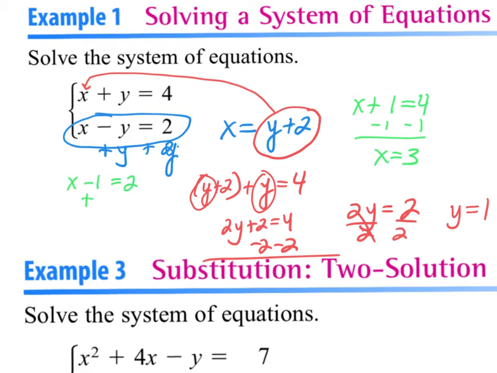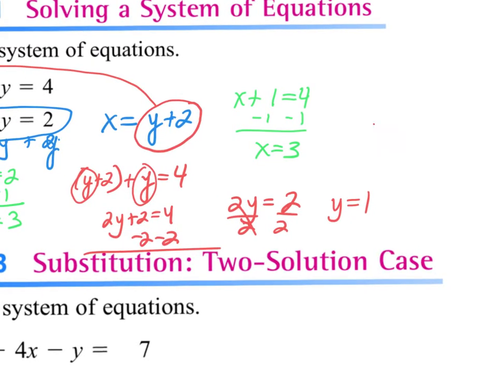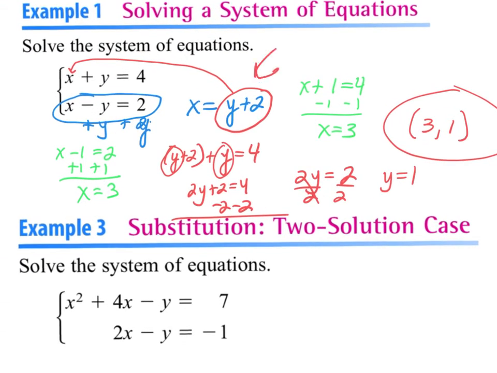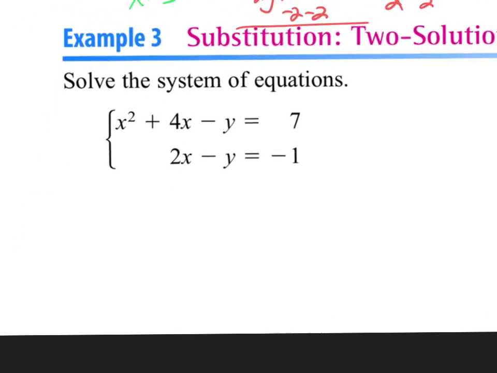What do I do to both sides? Add 1. So here I get x equals 3. Agreed? So you write your answer, ladies and gents, as an ordered pair. When we write as an ordered pair, what comes first, the x or the y? So I would write (3, 1). Circle it. Questions?